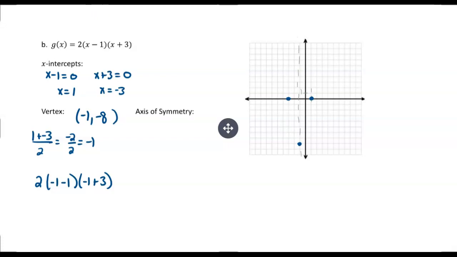All right, and I need one more point. You have (negative 1, negative 8). Let's find another one to the right. Let's do 0. If I plug in 0, I get negative 6. And then reflect that point over the axis of symmetry. And there's your graph. And your axis of symmetry, I forgot to write it down, is x equals negative 1.